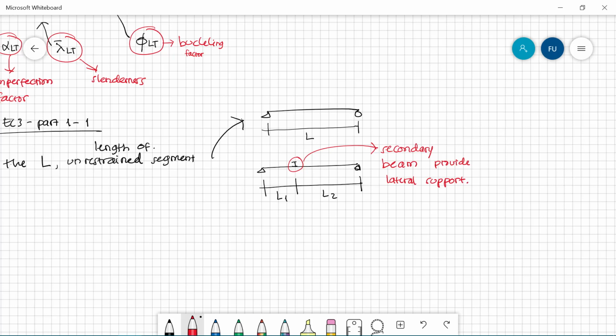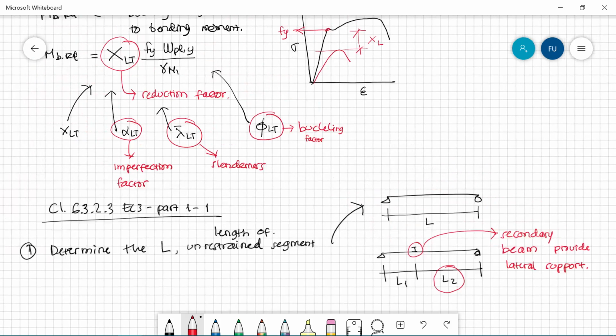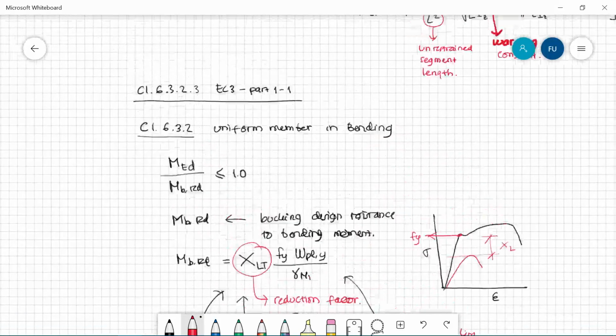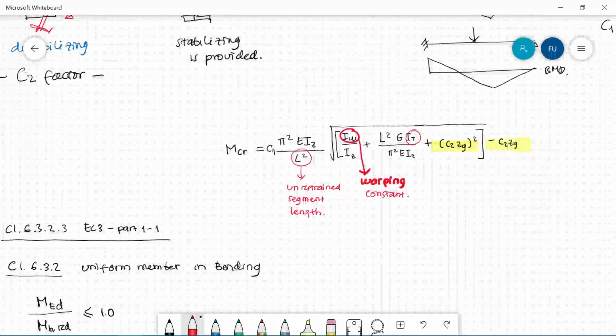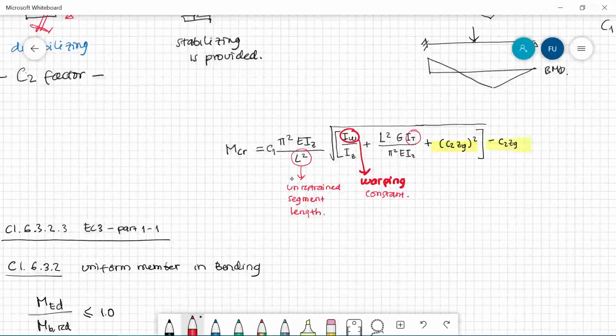So in this case, we have two unrestrained segments, unrestrained segment 1 and unrestrained segment 2. If the size of the beam is equal along the span, we need to consider only the longer segment, because if we return to this expression, the longer or bigger the value of L, reflecting the longer unrestrained segment, the smaller the value of MCR.